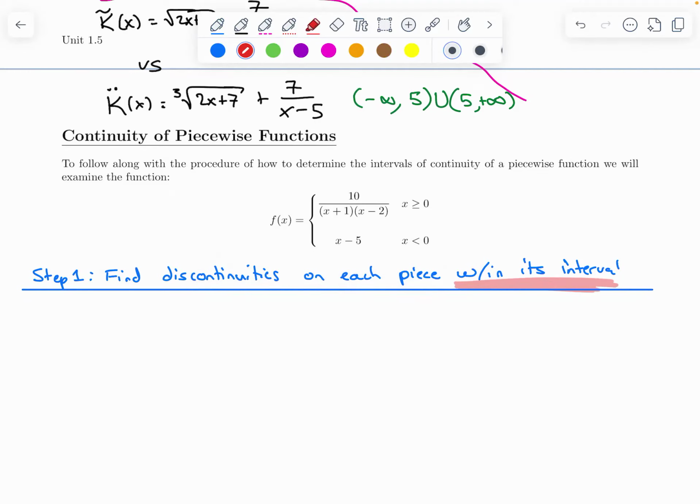Step one is to find the discontinuities of each piece within its domain restriction.